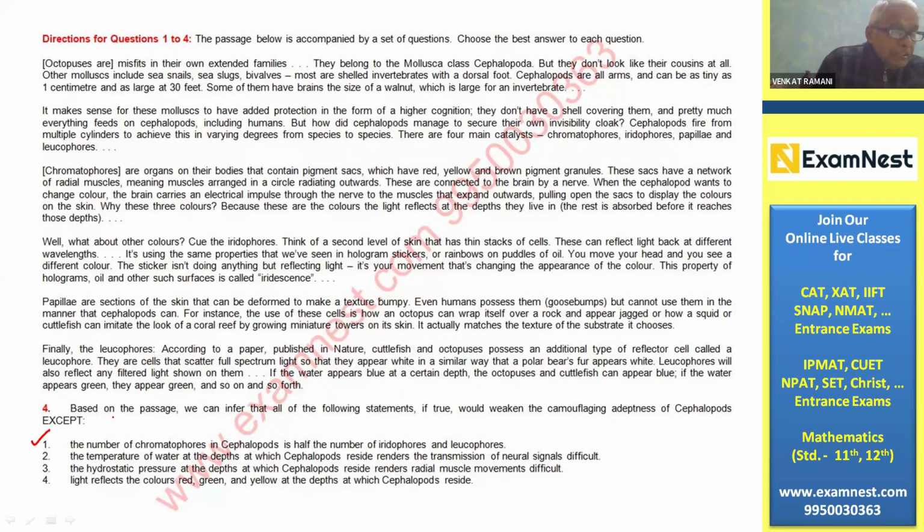The temperature of water at the depths at which cephalopods reside renders the transmission of neural signals difficult. This would weaken the argument, if that is the case. The hydrostatic pressure at the depths at which cephalopods reside renders radial muscle movements difficult. Light reflects the cold colors red, green, and yellow at the depths at which the cephalopods reside. They would weaken the camouflaging adeptness of cephalopods, except number one.